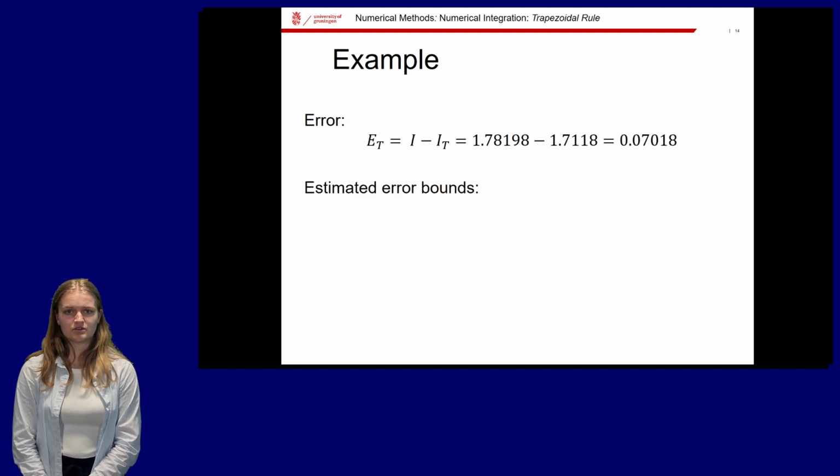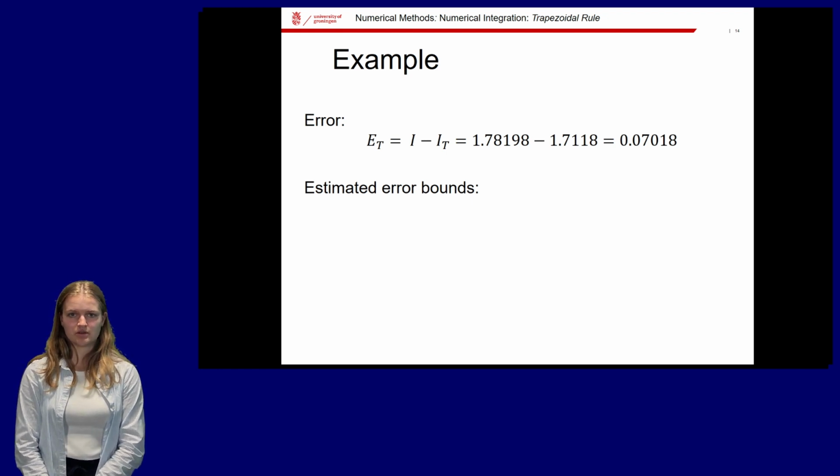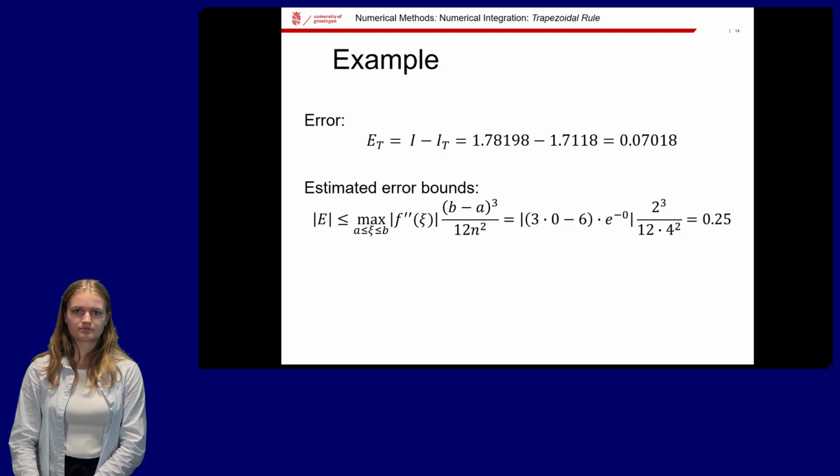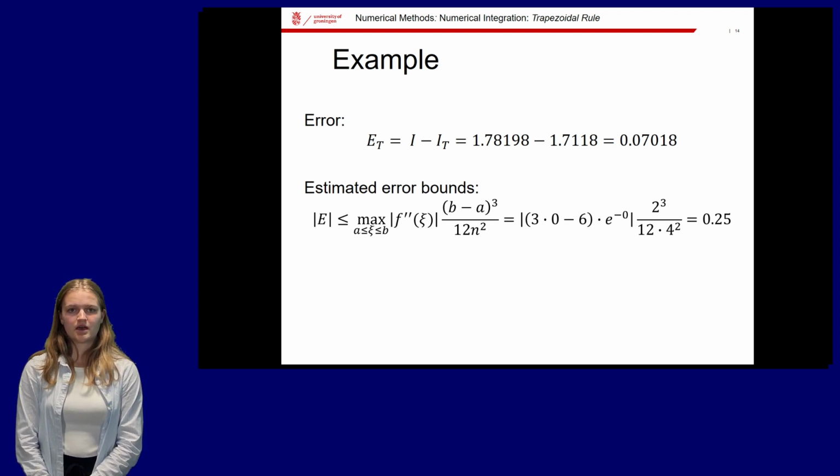So the difference between our estimated value and the integral that we solved analytically is given here. We can also use the estimated error bounds, so the estimated truncation error that we gave a general expression for a couple slides back. So we saw that this error was smaller or equal to this expression, and for this we calculate the second derivative of the function that was to be integrated, and we found that the error was bounded by 0.25.